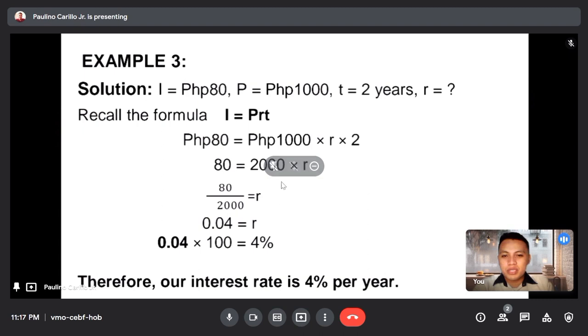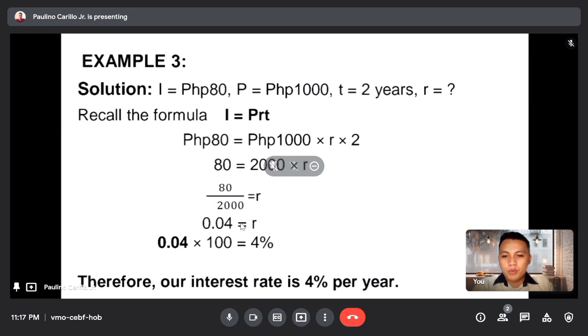Now, using simple manipulation, 2 times 1,000 is 2,000, then times R. To be able to find R, we just simply divide both sides by 2,000. Cancel. Now, we have 80 divided by 2,000. 80 divided by 2,000 is equal to 0.04.